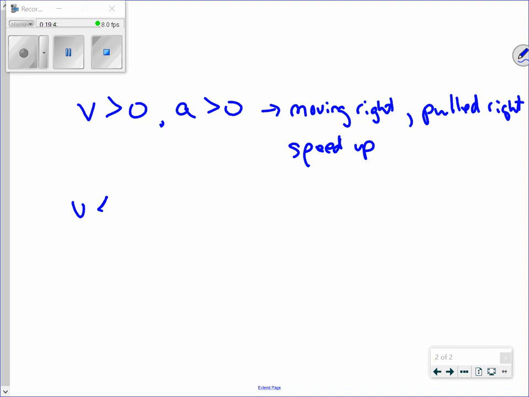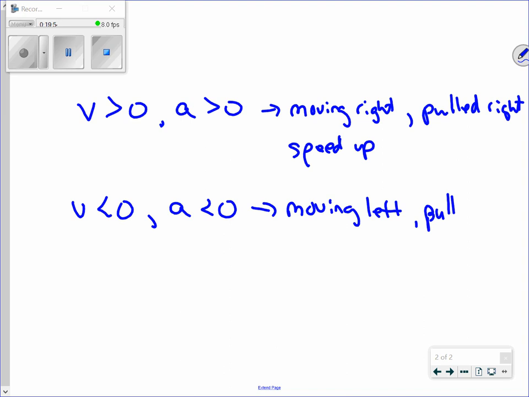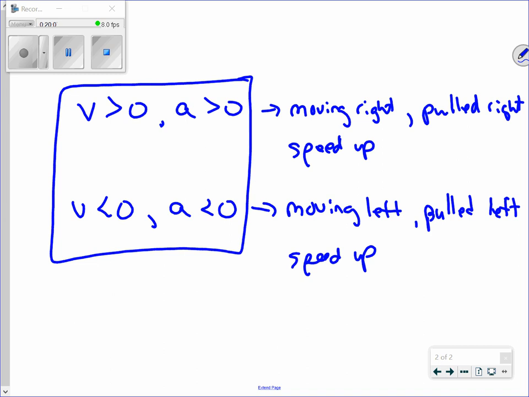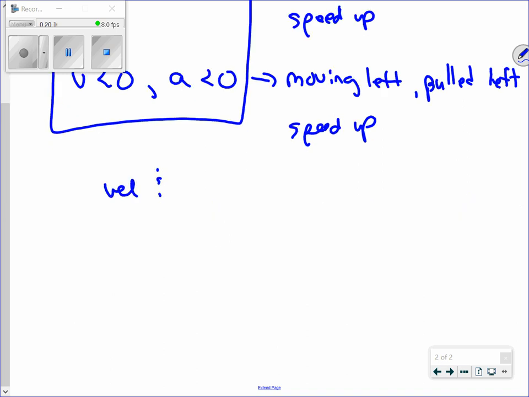If your velocity is negative and your acceleration is also negative, then you are moving to the left or down, and something is pulling you to the left. If you're already moving to the left and something pulls you to the left, you're going to speed up. So what you can get from this is if velocity and acceleration have the same sign, the object is going to go faster. It's going to speed up.